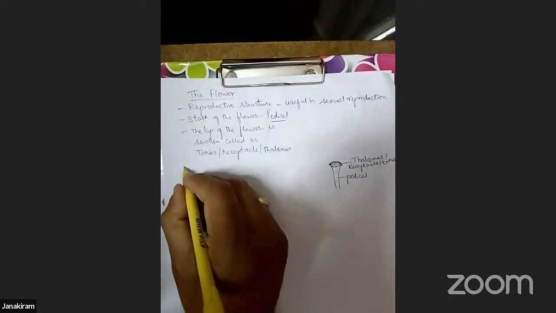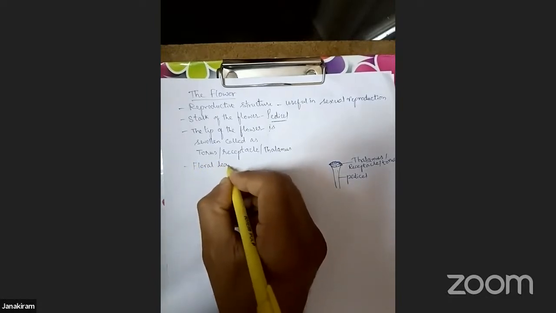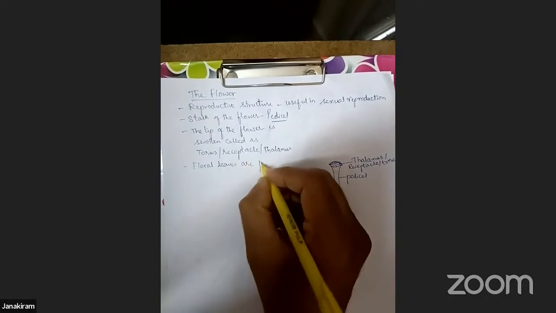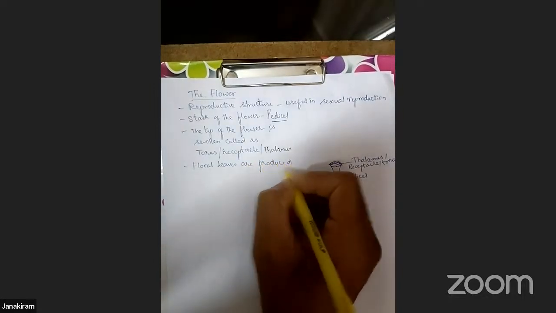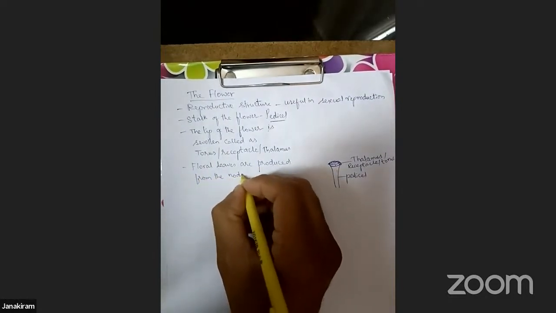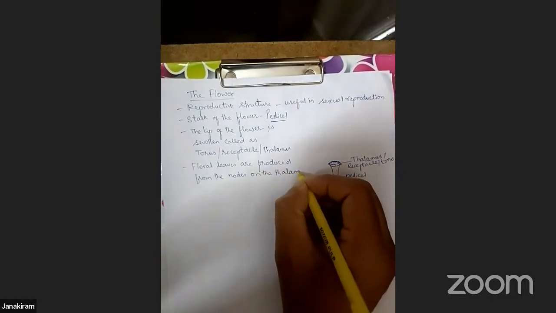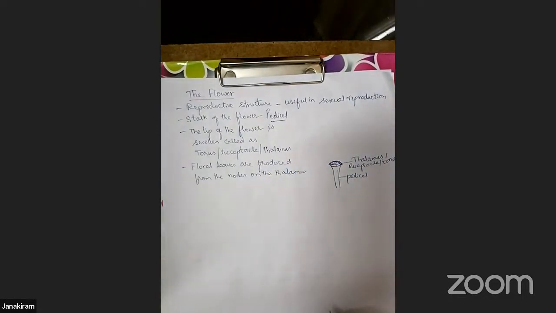But here, as it is a reproductive structure, instead of leaves, floral leaves are produced from the nodes on the thalamus. That is nothing but modified leaves. Modified leaves, that means when the plant enters the reproductive stage, the leaves are converted into reproductive structures. Those reproductive structures are called floral leaves.